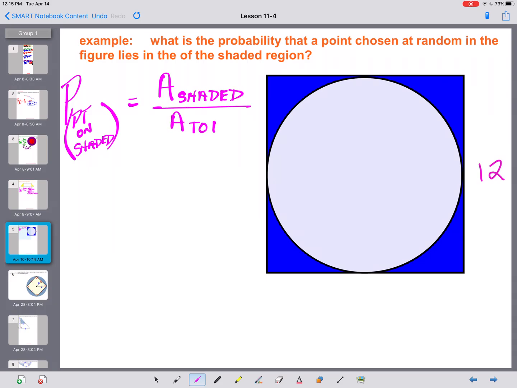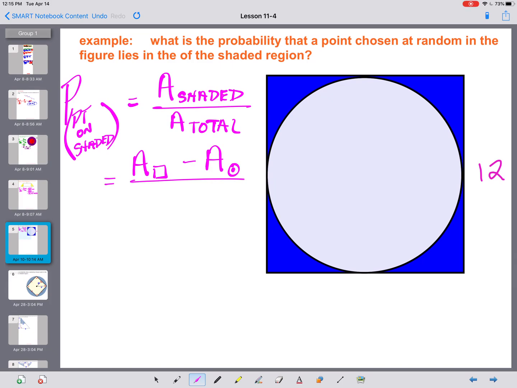That's how you start these. After this, each one's a little different. In this one, to get the area shaded, I see two shapes, a circle and a square. You're going to take the area of the square minus the area of the circle, and that's going to give you the shaded.